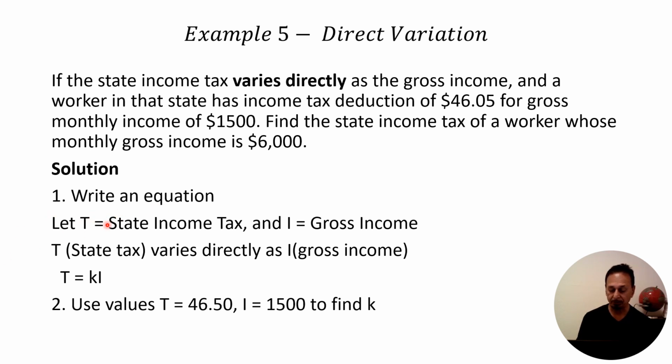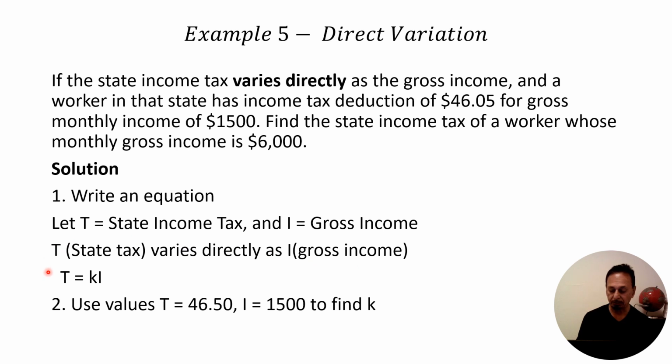So let's see. Let's say T is the state tax and I is the gross income. And it says the state tax varies directly as I, the gross income.